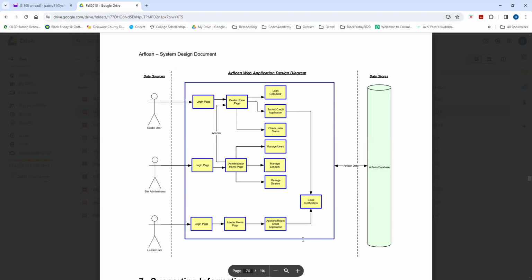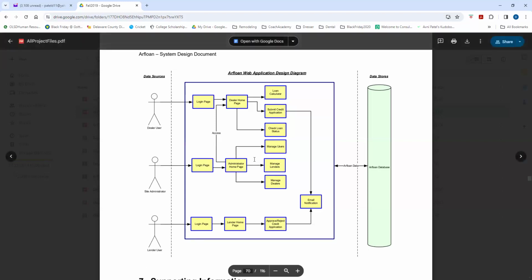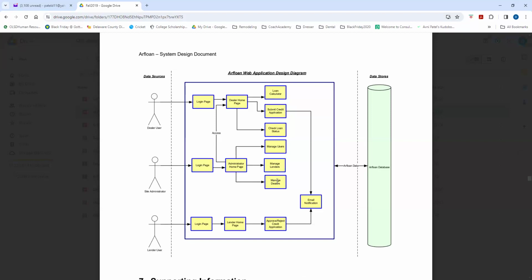If you look at the site administrator, they have the ability to manage the dealer. If the same functionality should be used by the site administrator, the ARF rep or area managers, should you have another flow that takes you to manage dealer? Those are the kinds of things you should ask questions about for consistency.